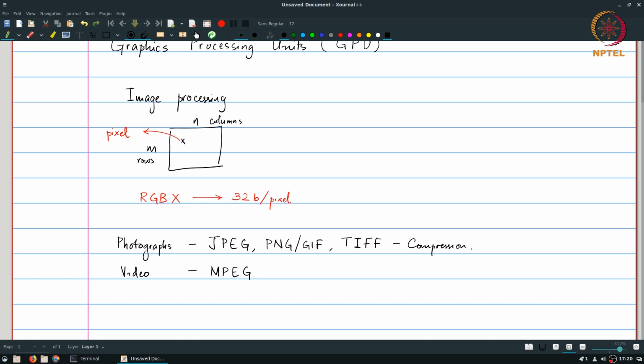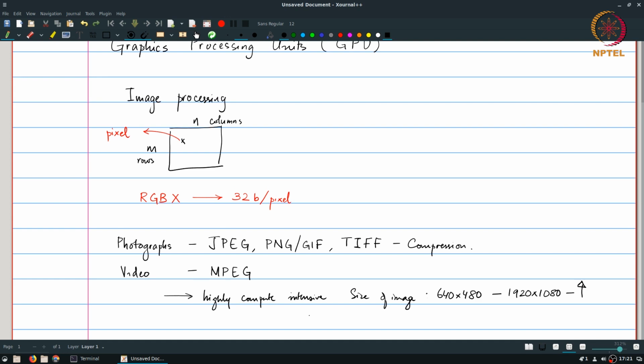The important point to keep in mind over here is these are highly computationally intensive. The reason being that the sizes of the images could be anything from 640 by 480 to, let's say, high definition, which is 1920 by 1080, to even higher than that.